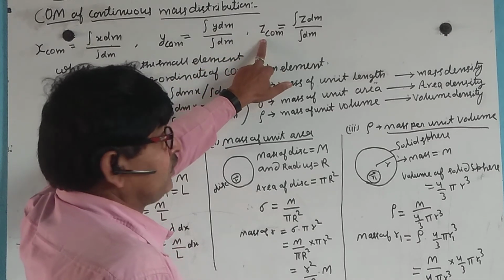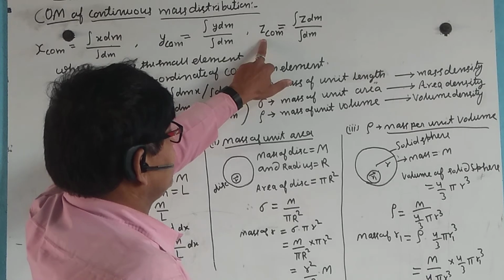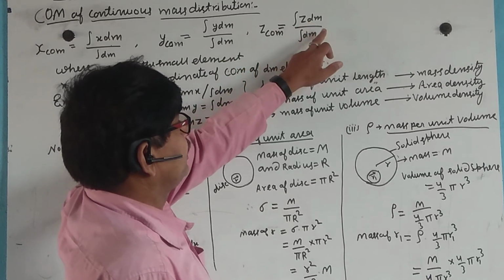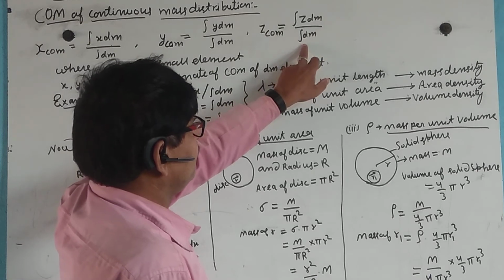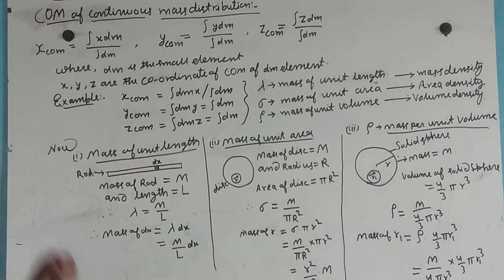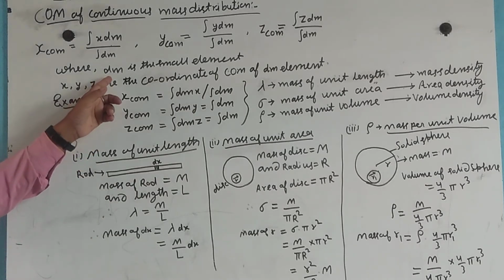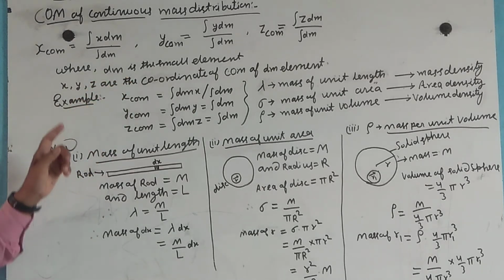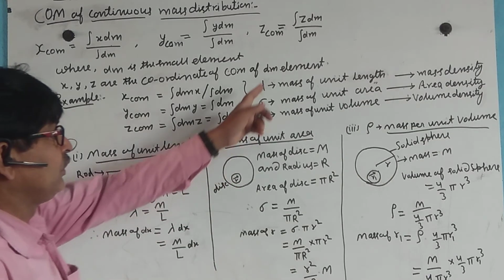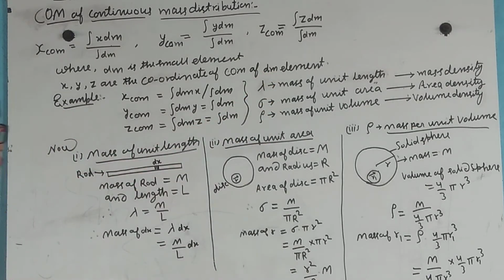And the z coordinate of center of mass is equal to the integration of z dm divided by the integration of dm, where dm is a very small element, and x, y, z are the coordinates of the dm element that we choose here.